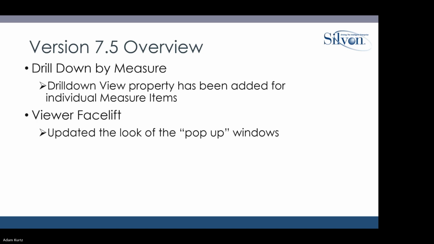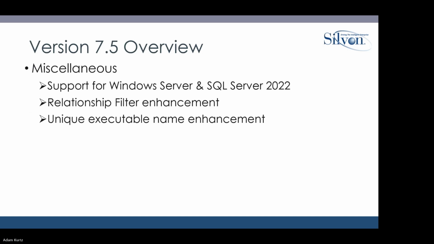So if you're prior to 7.2, all we're saying is that you have to upgrade to 7.2 and do a full process once you're upgraded to 7.2. And then you can go on and upgrade to 7.5 without doing a full process.